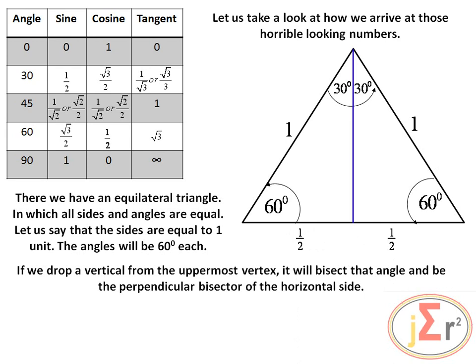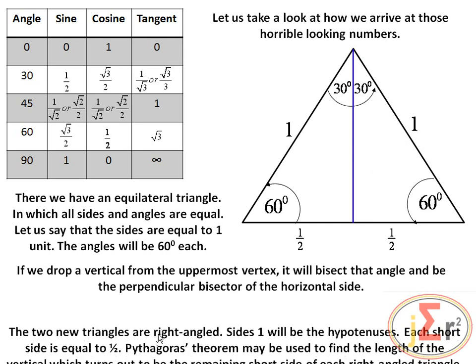So half of 1 on both sides, and the angle is bisected, 30 degrees each. This line is a perpendicular. So on this side we have one right angled triangle, and on the other side we have another right angled triangle.